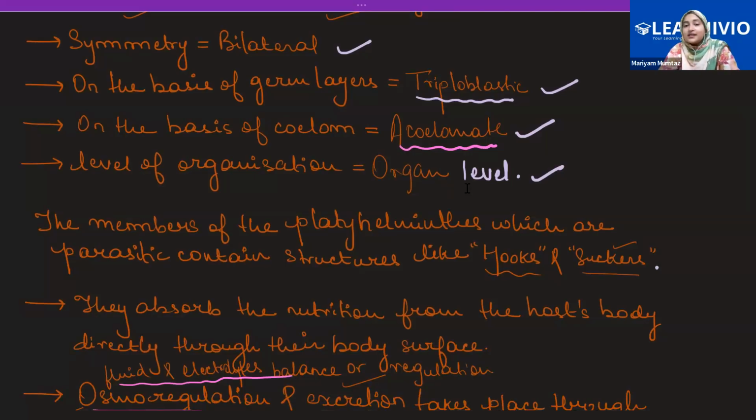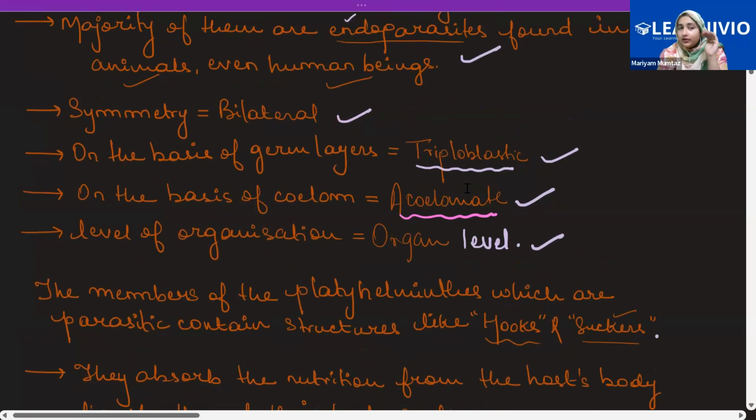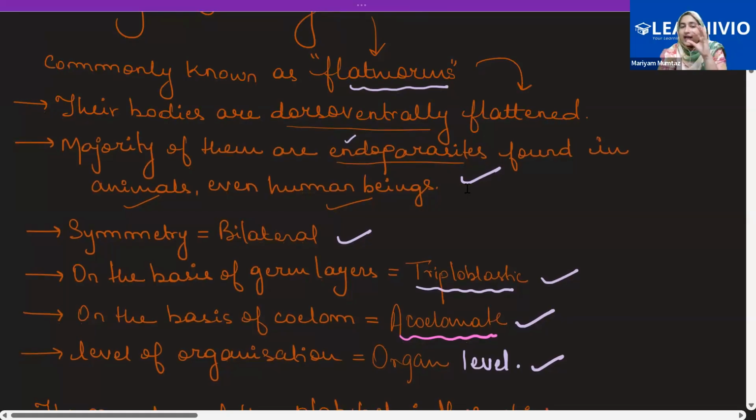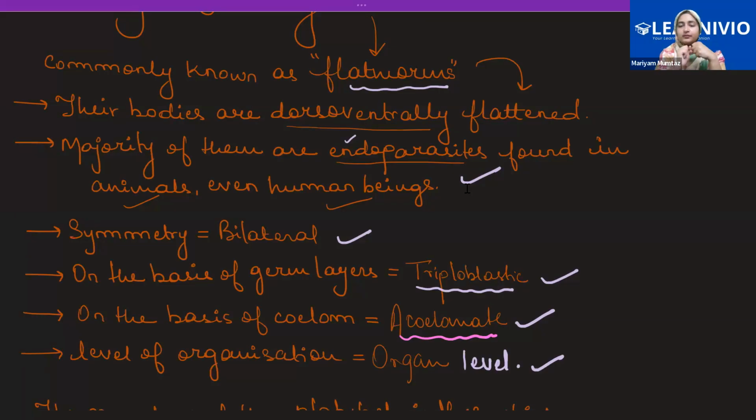A variety of organs are present, but those organs will not be connected to each other as in organ system organization. Now, since the majority of them are parasites, I'll tell you one very special thing about parasites: they derive their nutrition from the body of the host, either from on them or from inside them. So they don't need elaborate structures in their body.